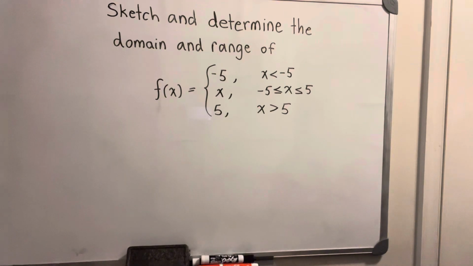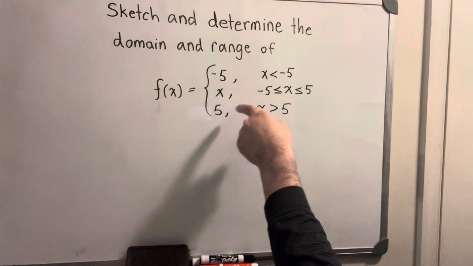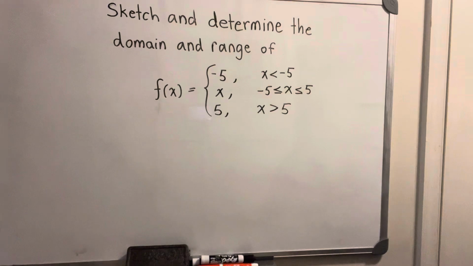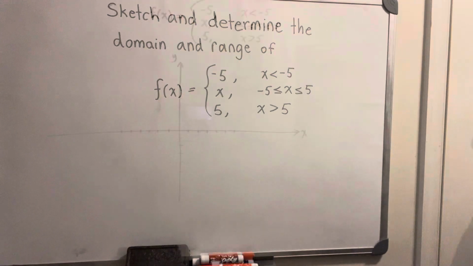Because when you're sketching the function, which one of these applies depends, especially at these boundary points. You want to pay close attention to these less than and less than or equal to's and greater thans. So after you look at this for a minute, we'll continue.